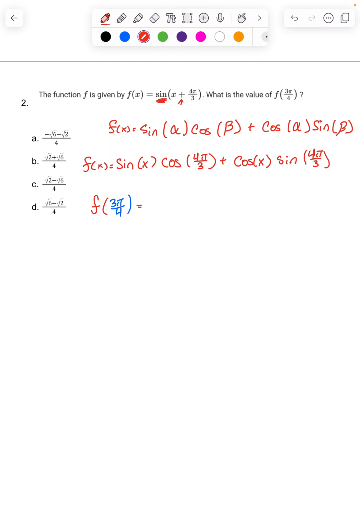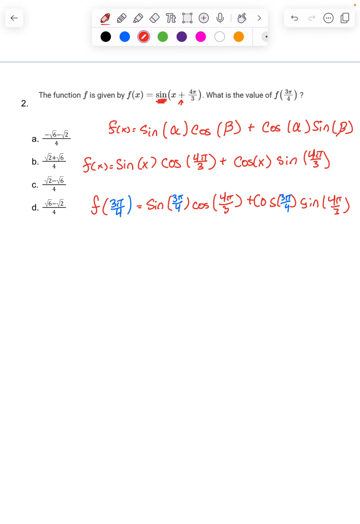So we're going to change our x's to 3 pi over 4. Anytime we see an x, we're going to substitute it with 3 pi over 4. So this is what we're left with.